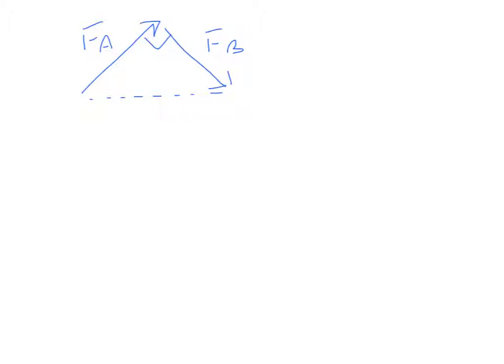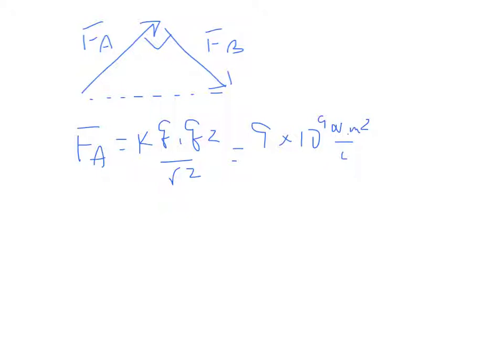Okay, now let's solve for FA. FA is going to equal K Q1 Q2 over R squared. Well, K is 9 times 10 to the 9th newtons times meters squared divided by coulomb squared, times 1 coulomb times 1 coulomb divided by 1 squared.